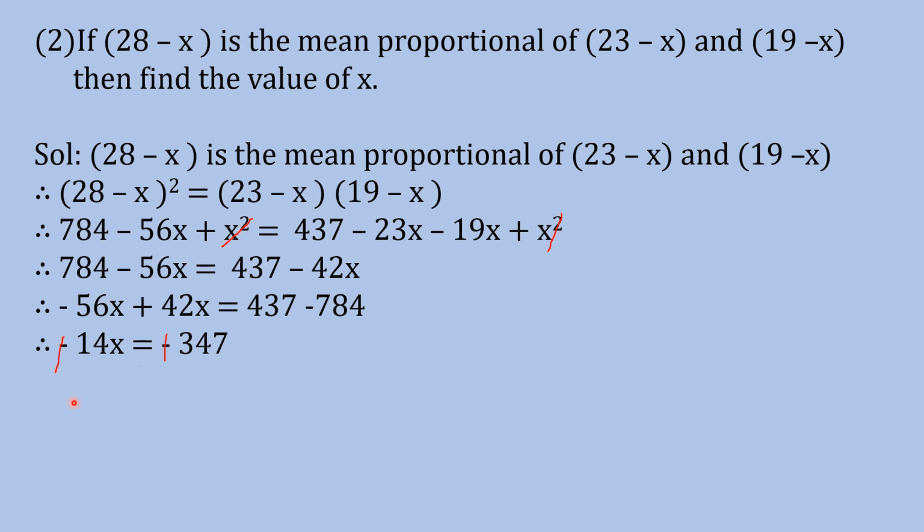So x is equal to 347 upon 14. Is it clear? So we got the value of x is equal to 347 upon 14. Okay. So you have to use this continued proportion, that is if a, b, c are in continued proportion, then b square is equal to ac. Is it clear? So you can solve by using this sum.